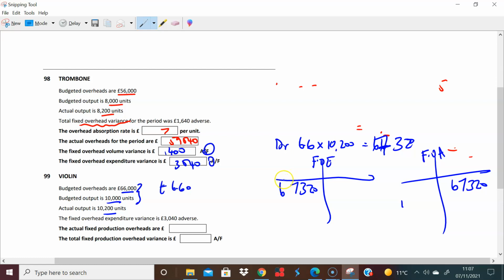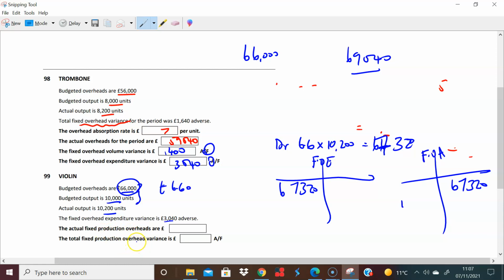So that's what you've put through in this journal. Then the question goes on to tell us that the fixed overhead expenditure variance, the difference between the budget and what actually happened, is 3040. So you had budgeted to spend 66,000, but what actually happened was the difference. So the actual cost, I think it's important to understand the language, was 69,040.